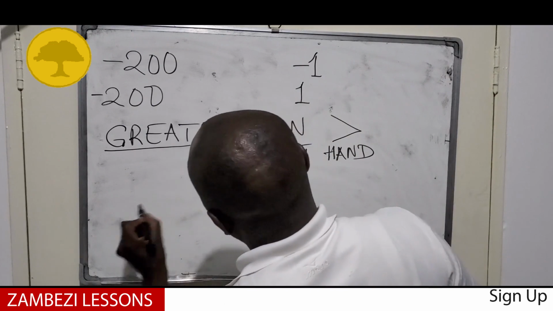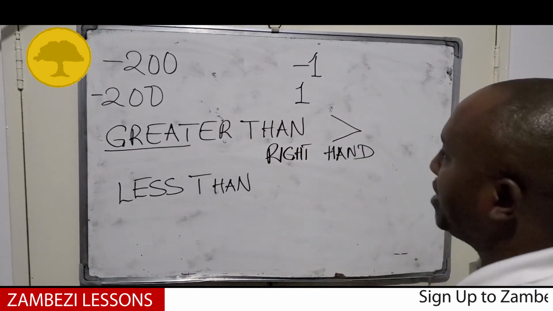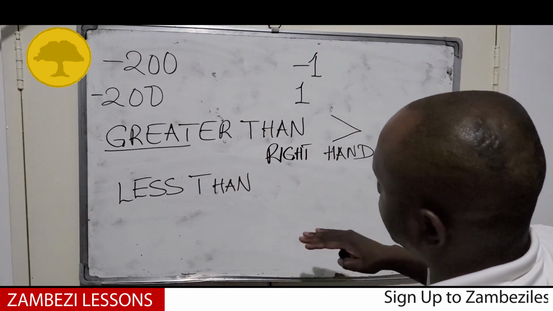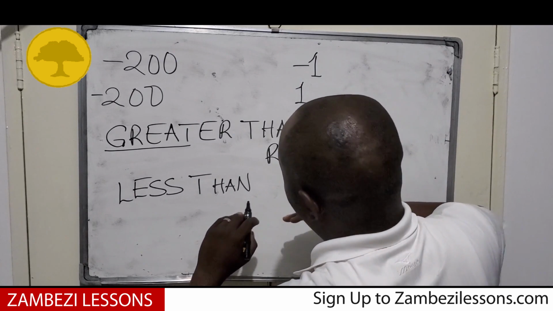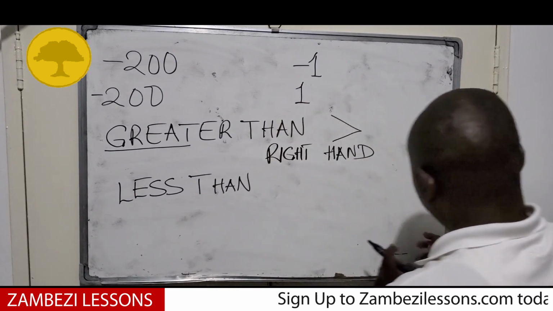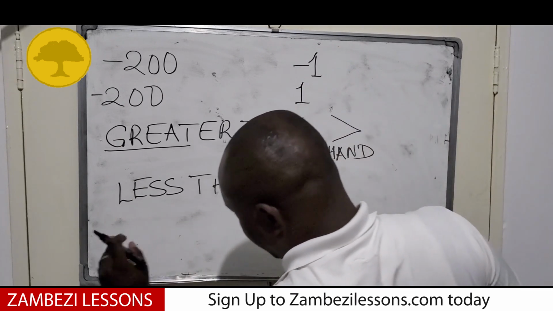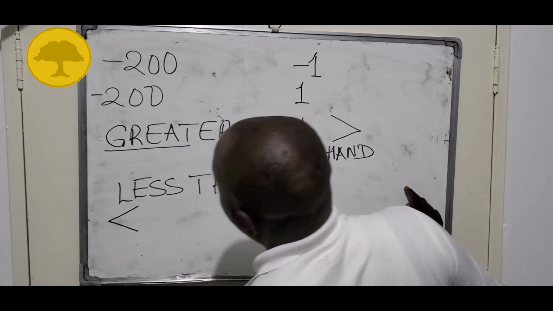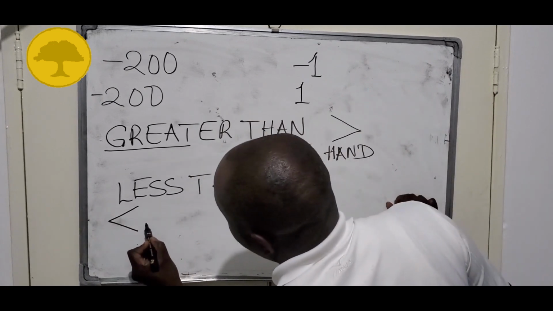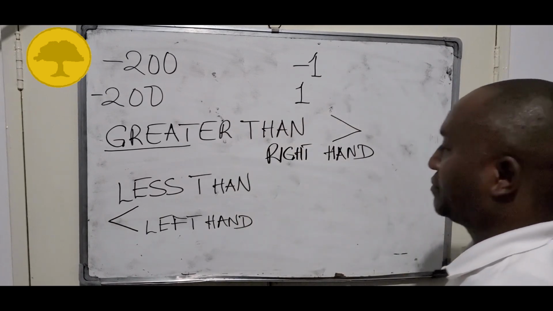Then, when you look at the other term, less than, it was basically numbers that we were getting as we started moving from the right, moving towards the what? The left. Hence, for you to remember, your left hand gives you the less than sign.